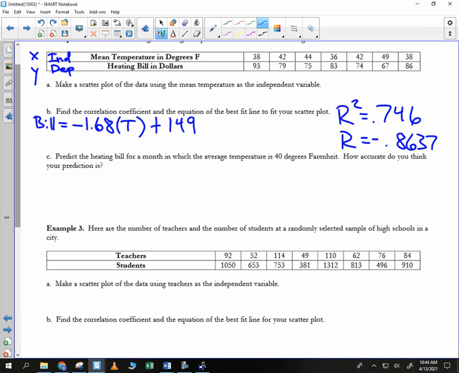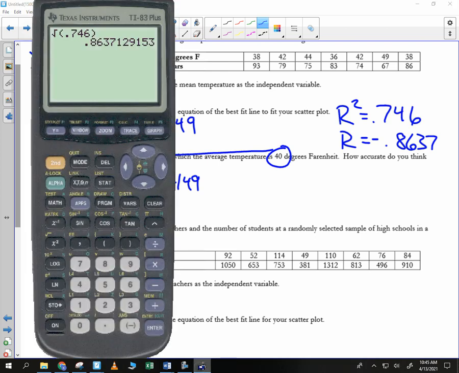It says, predict the heating bill for a month in which the average temperature is 40 degrees. If you want to be able to predict the heating bill when the average temperature is 40, we simply plug 40 in there. Your bill is equal to negative 1.68 times 40 plus 149. Everybody should be able to take their equation and use it to make a prediction.